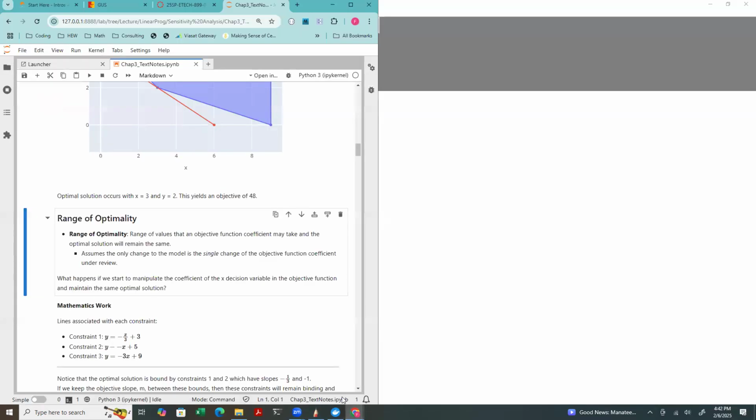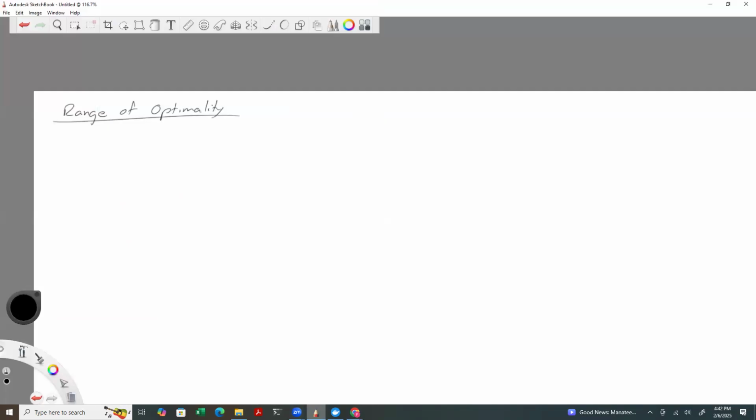All right, so negative 1 and negative 1/3 are the relative slopes here.